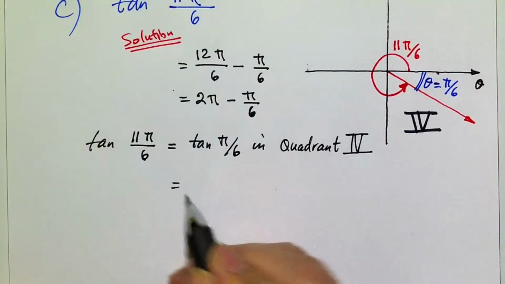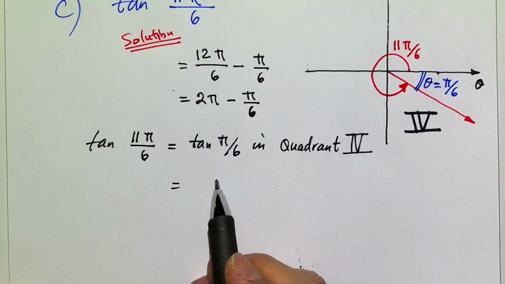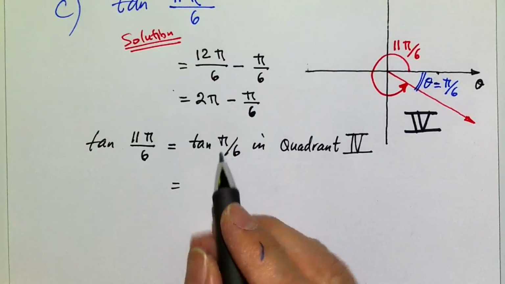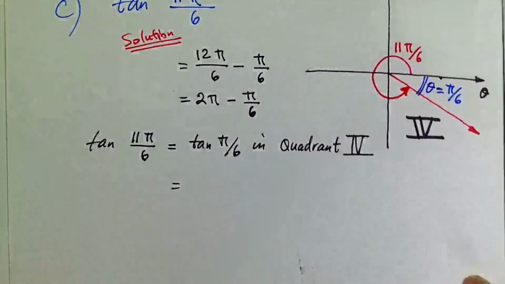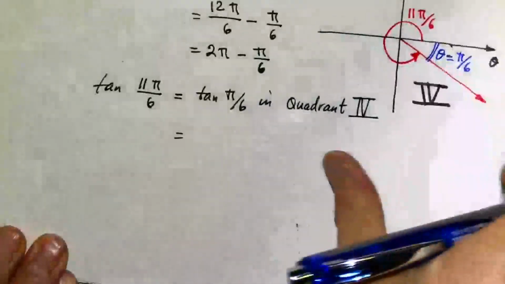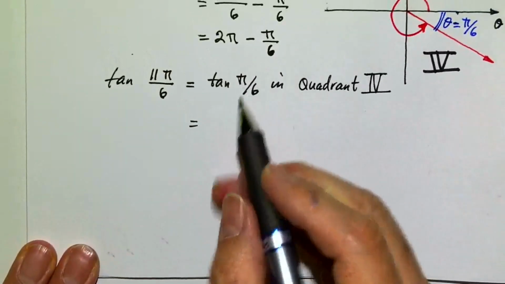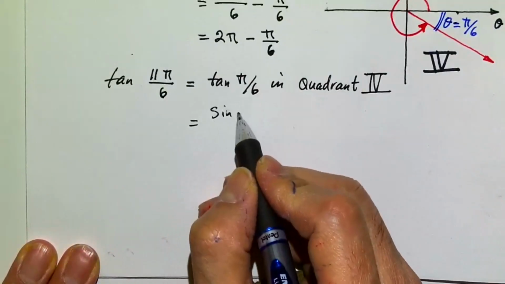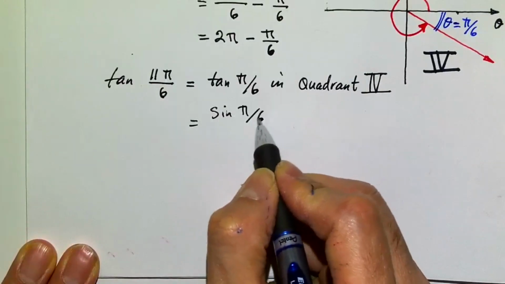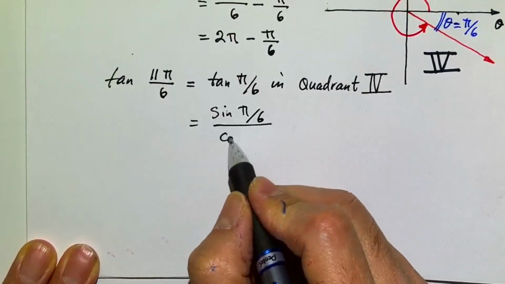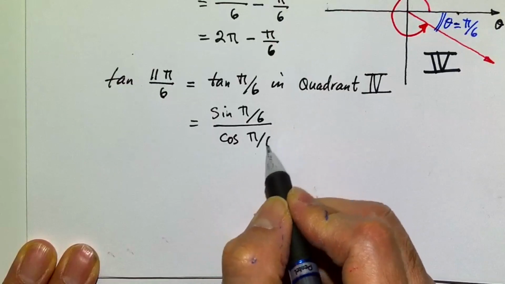So let's calculate this. We get, again, tangent of pi over 6. I know I've done this in the previous examples, but I'll do it again. So we have sine of pi over 6 divided by cosine of pi over 6, right?